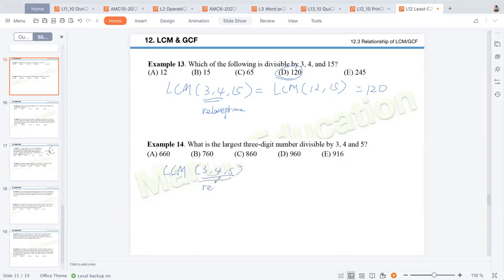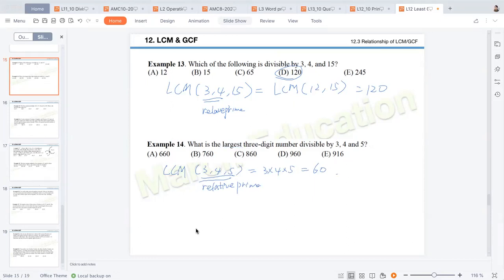These are relatively prime. So this should equal 3 times 4 times 5. This equals 60.